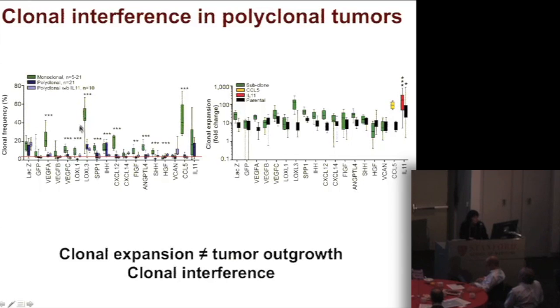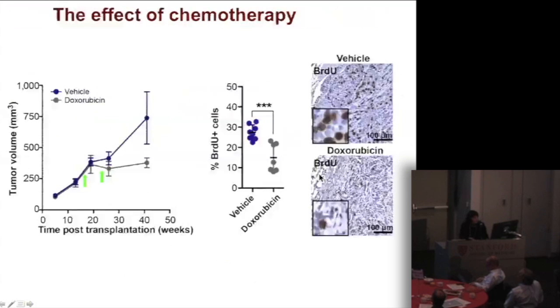And also, as you see, the green bars are much higher than the purple bars, and that means that each clone can compete against the parental cells much more efficiently than they can compete against the other clones. So even though these are essentially the same cell line, just expressing different factors, this polyclonal mixture seems to limit clonal interference in a way that none of the clones can really dominate, but they seem to maintain some heterogeneity of clonality.